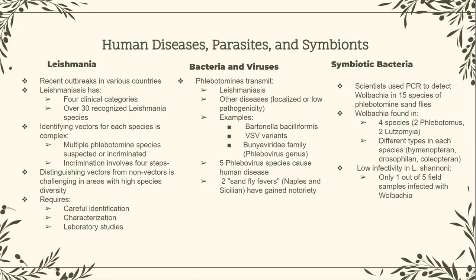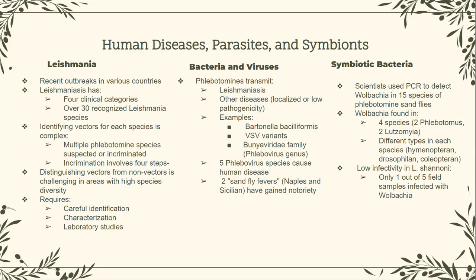Now, for the symbiotic bacteria, scientists used a DNA-based test to look for the type of bacteria called Wolbachia in 15 species of insects. They found Wolbachia in 4 species, 2 phlebotomines and 2 Lutzomyia.